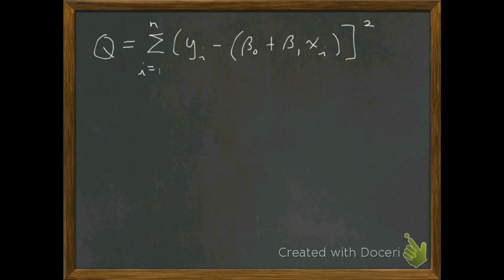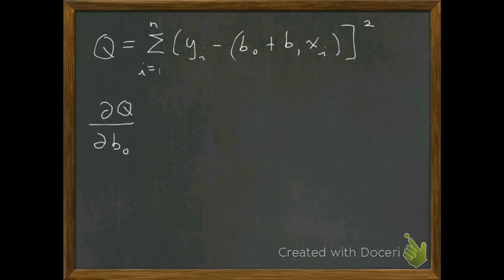Now, differentiating, we get the partial of Q with respect to b0. And guys, let me be consistent here. Was not consistent.